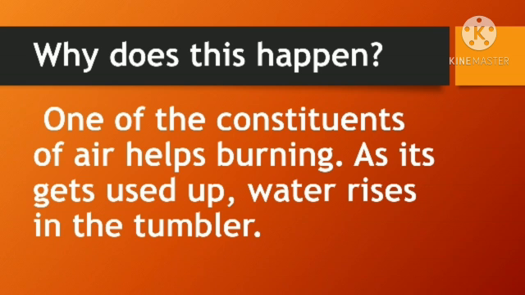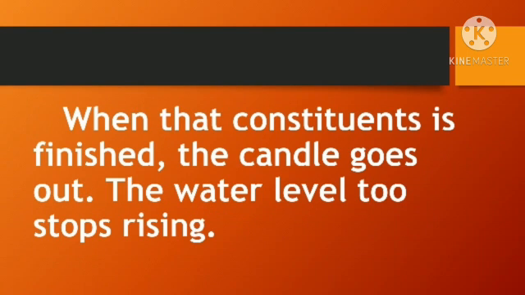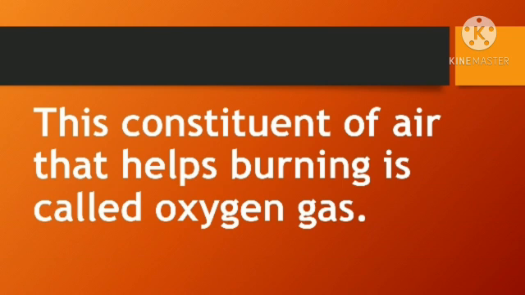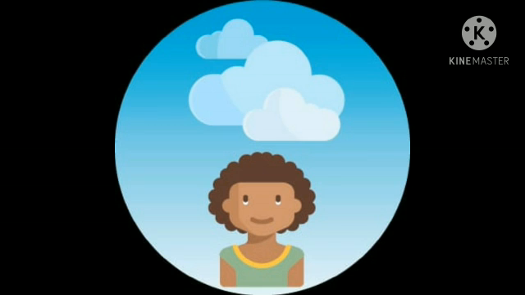One of the constituents of air helps burning. As it gets used up, water rises in the tumbler. When that constituent is finished, the candle goes out. The water level too stops rising. This constituent of air that helps burning is called oxygen gas. The Earth's atmosphere is made of air.